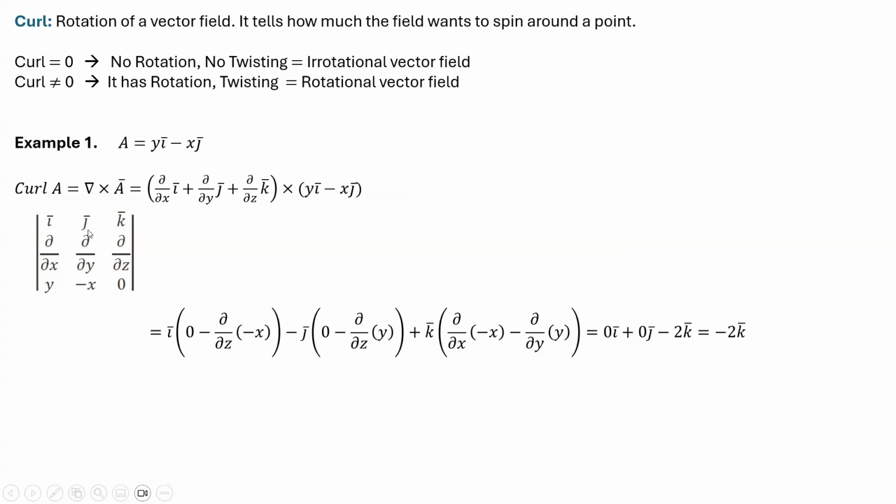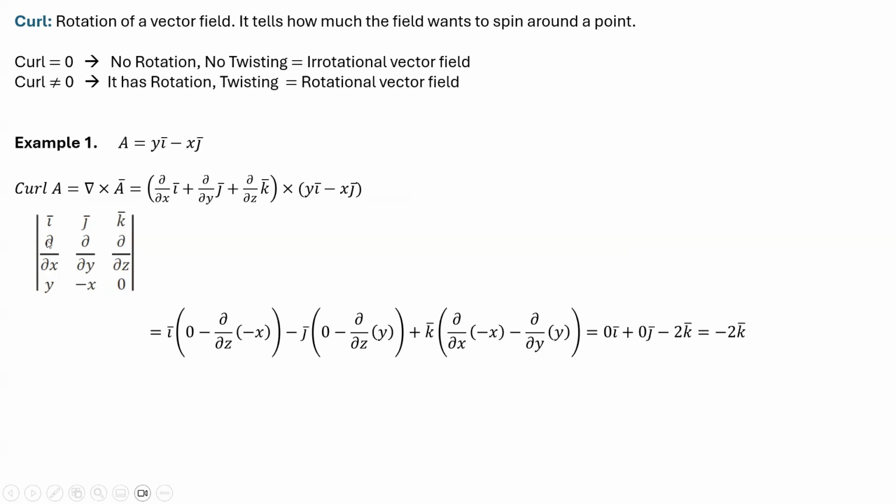Then for j cap, we will eliminate this column and this row. So it will be delta by delta x times 0 minus delta by delta z times y, right? And similarly for the k cap, plus k cap, this column and this row will be eliminated.